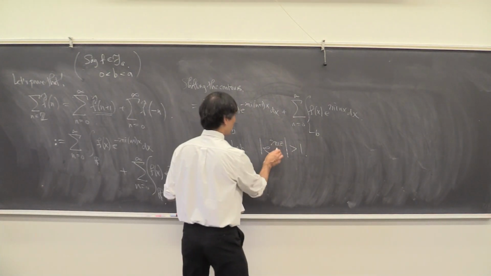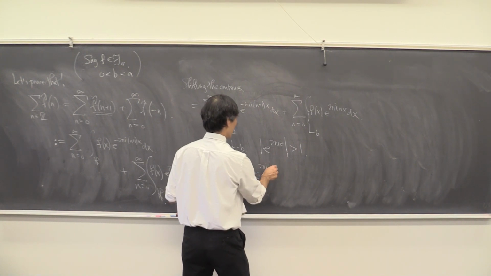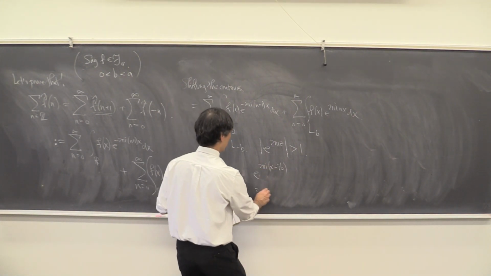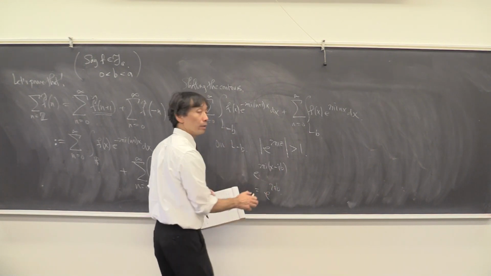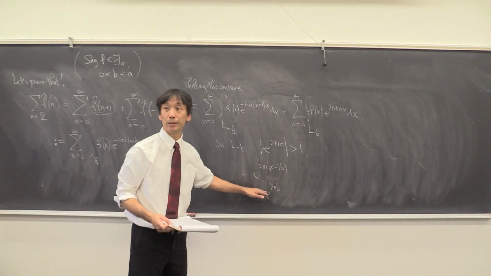Because this e to the 2 pi i z is going to be e to the 2 pi i (x minus ib), and so we're going to get e to the 2 pi b, which is bigger than 1.